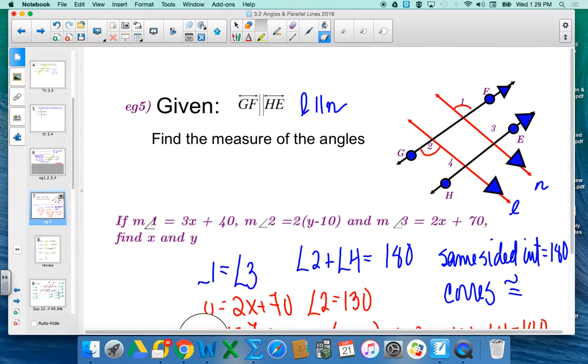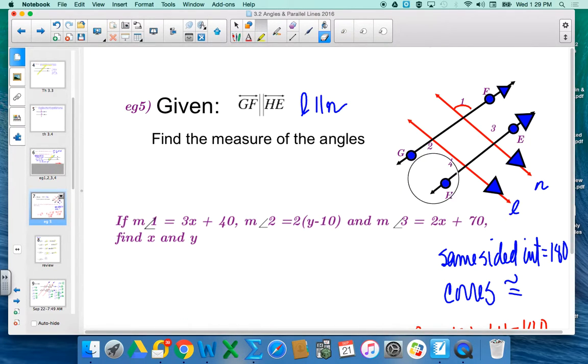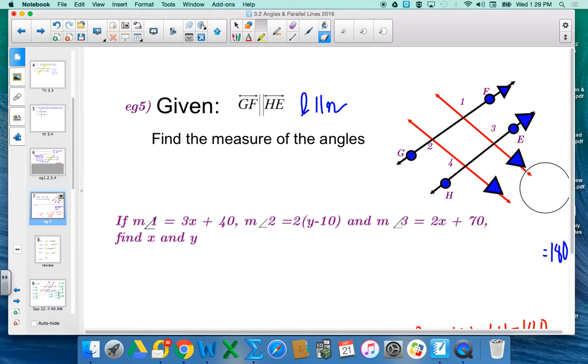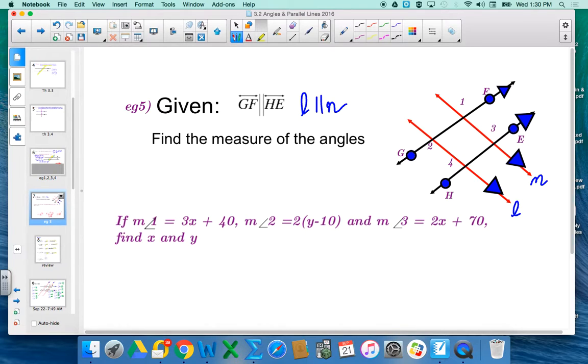Alright, I apologize up front about my picture. Alright, so we decided to call this line L and this line M because I didn't give them a name.